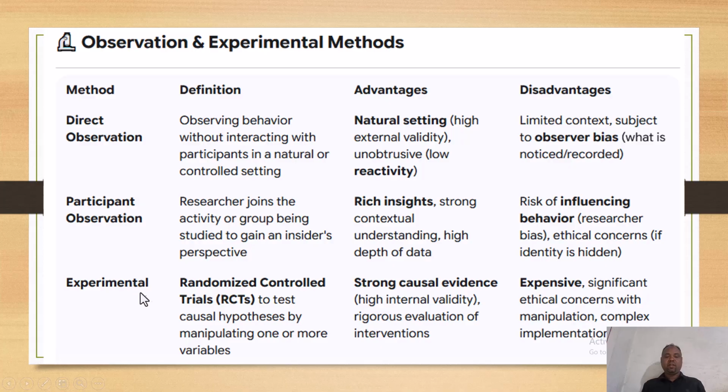The third one is experimental, such as randomized controlled trials, which are commonly used. But experimental can be classified into three: controlled, uncontrolled, or quasi-experimental, right? This experimental data collection method allows strong causal evidence, through which high internal validity is there, and rigorous evaluation of interventions is there.